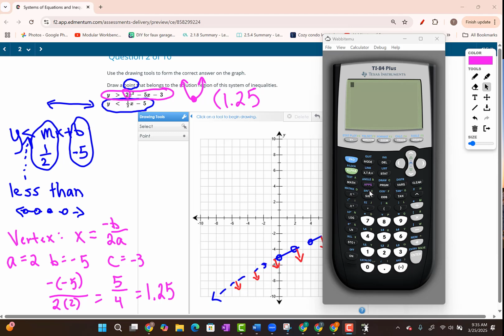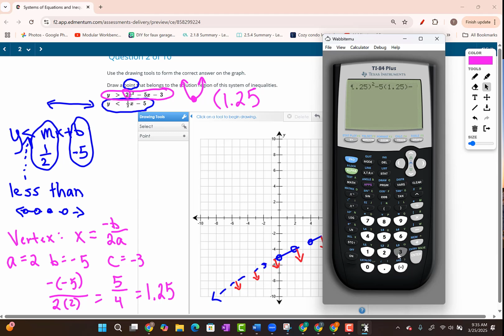I'm going to use the calculator to get the y-coordinate. To get the y-coordinate, we're just going to replace wherever we see an x with 1.25. So instead of 2x squared, it's 2 times (1.25) squared. Minus, instead of 5x, it's minus 5 times 1.25.